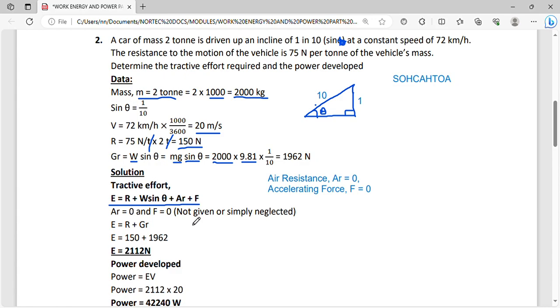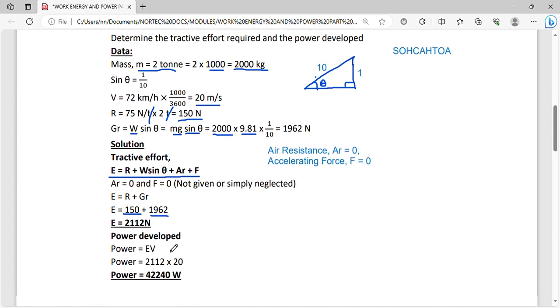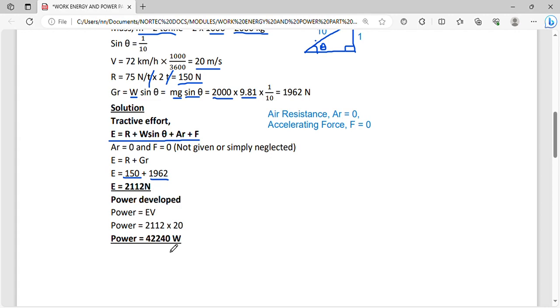From what we calculated up here, R is the 150. Then the gradient resistance, the resistance because of the slope, comes out as 1962. So all we do now is add them: 150 plus 1962. What does that give us? Does it agree with the answer we have below there?